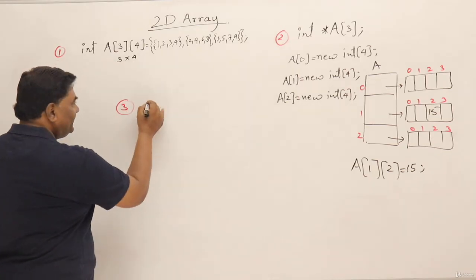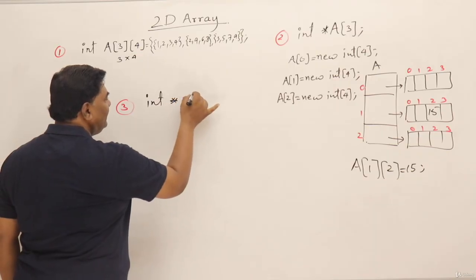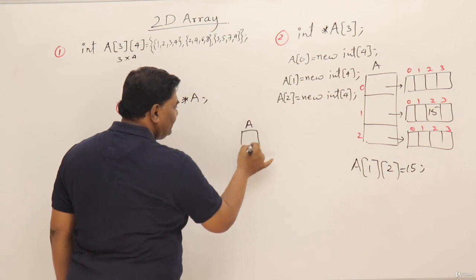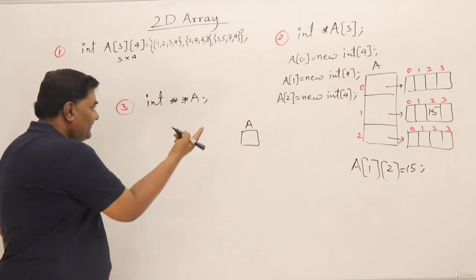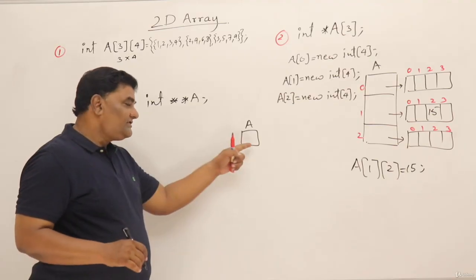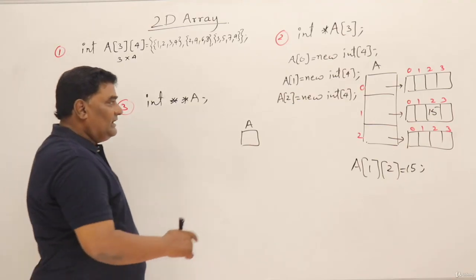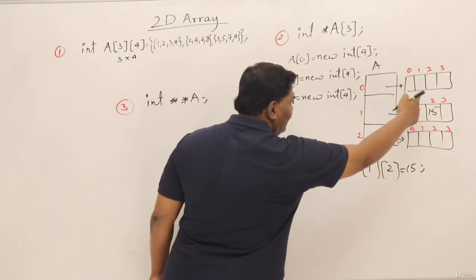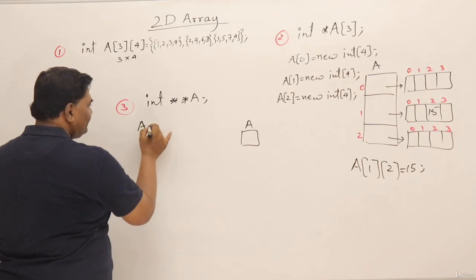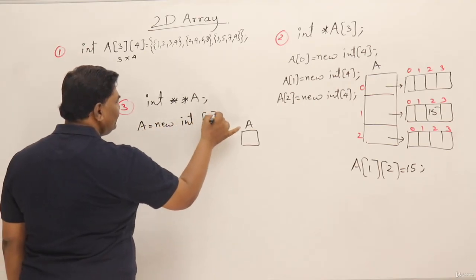So declaration of double pointer: int **a. So this a is a pointer, a double pointer, and this is like a variable. There is no new operator here, new is not used, so this will be created inside stack. Now I need this array as well as these arrays. So for this first array, I should say a assign new int star of size 3.